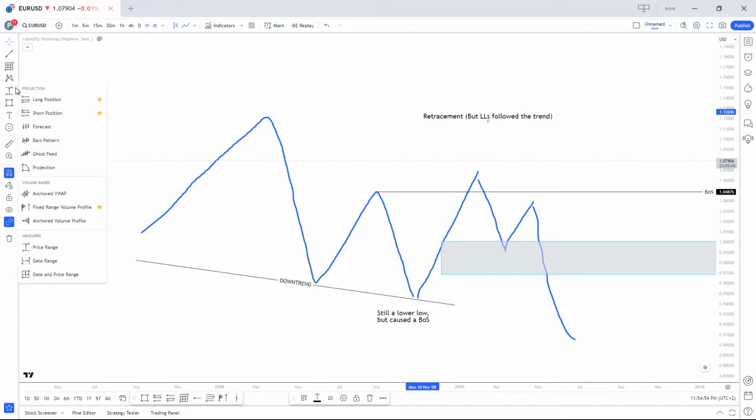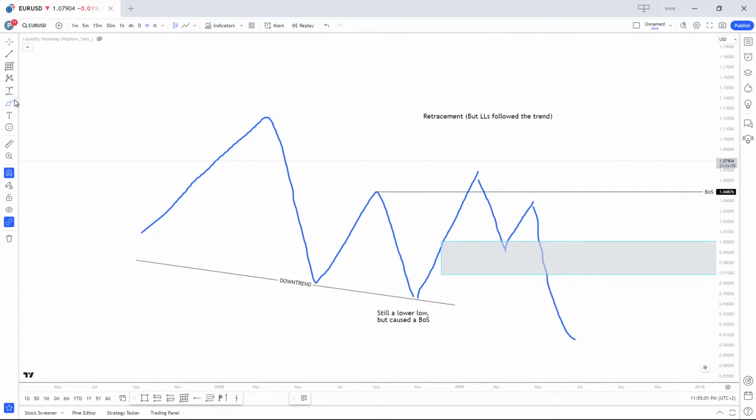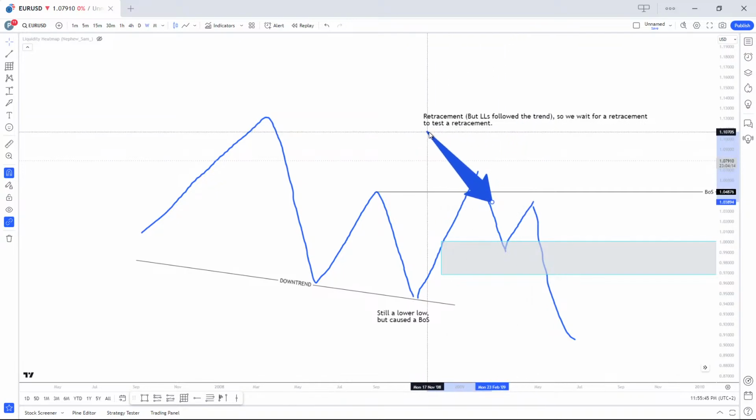Now I can look with my brush tool. This is confusing right now.